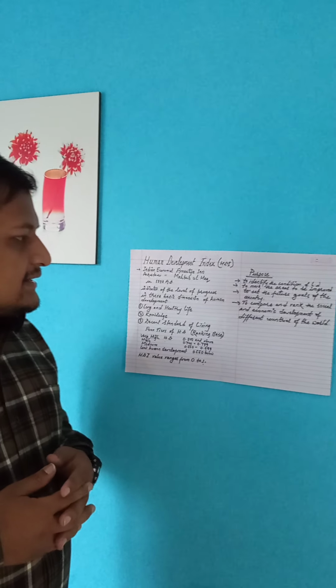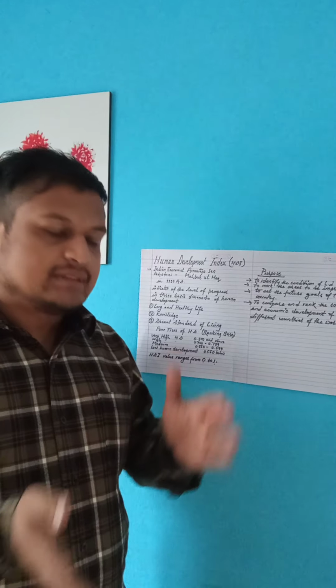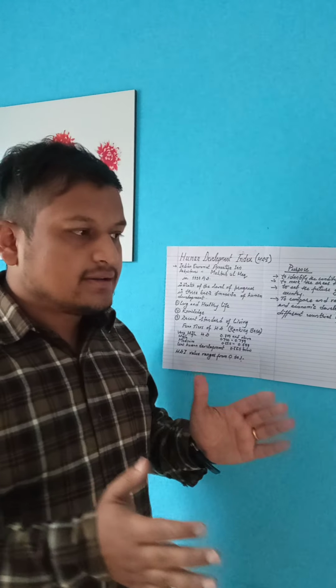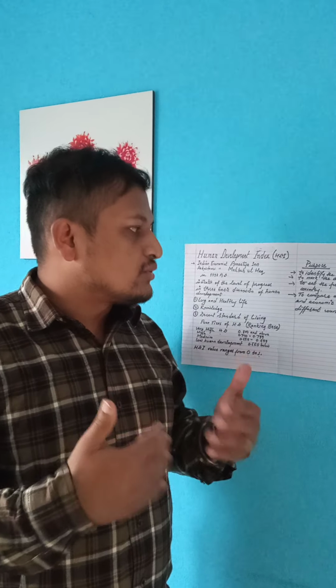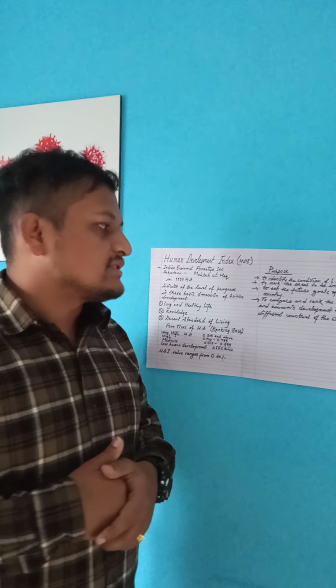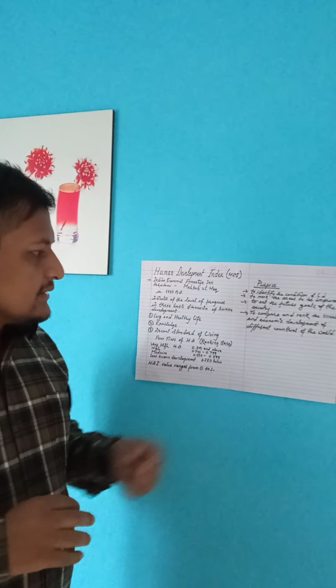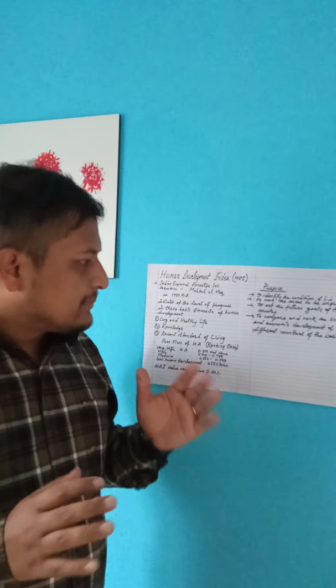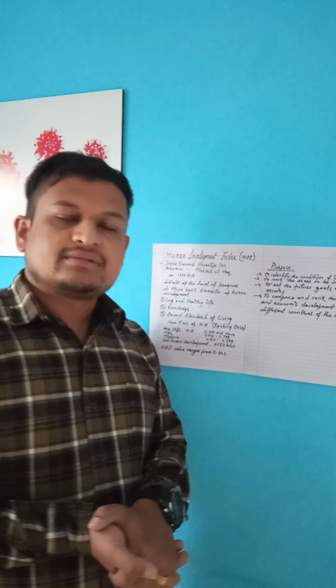Third one is to set the future goals of the country. Depending upon the latest score or the history, we can plan to improve the HDI score in the future, and accordingly we set the goals. The last one is to compare and rank the social and economic development of different countries of the world.